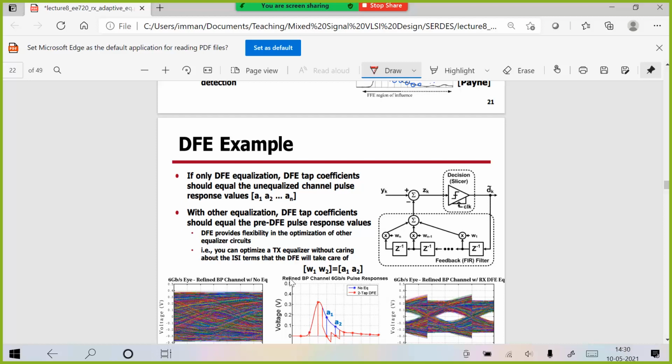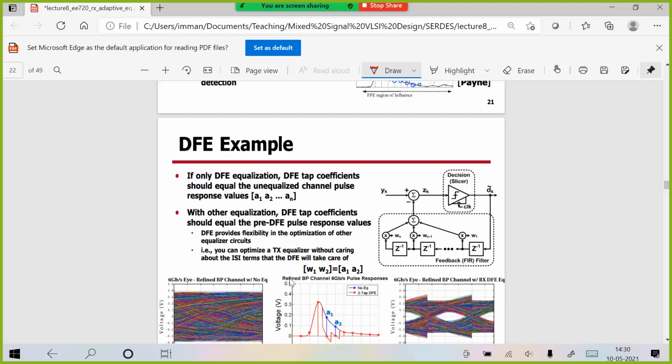So you need to estimate the pulse response of the TX FFE, the driver, which is itself kind of an RC network with a certain roll off, the channel's response, and then the CTLE. All put together, you will have a certain impulse response from which you can calculate the pulse response. Now that pulse response is what has to be modeled by this feedback FIR filter.